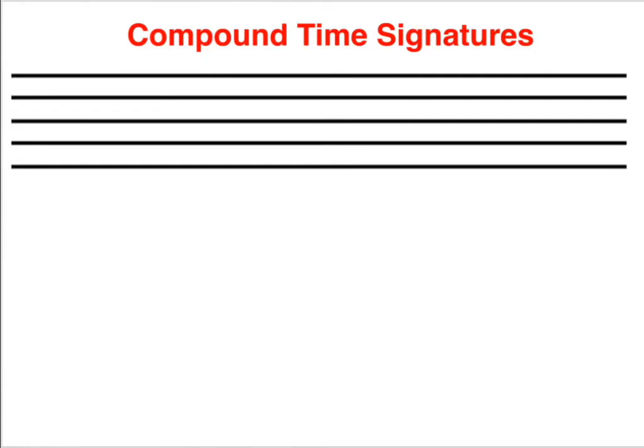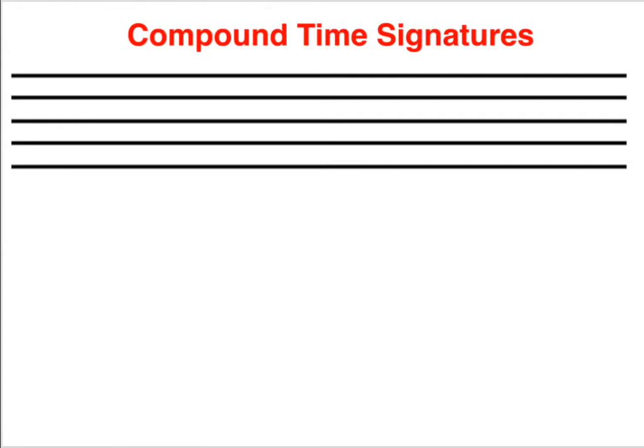Before I get into compound time signatures, I just want to do a little recap from Lesson 6 of one of the main points about simple time signatures. The one thing that unites all simple time signatures is that whatever beats you're using, whether it's crotchets, minims, or quavers, all of those beats can be split into two equal notes.